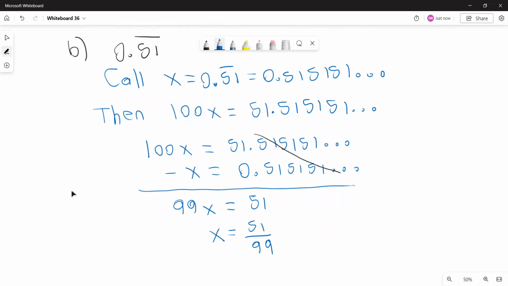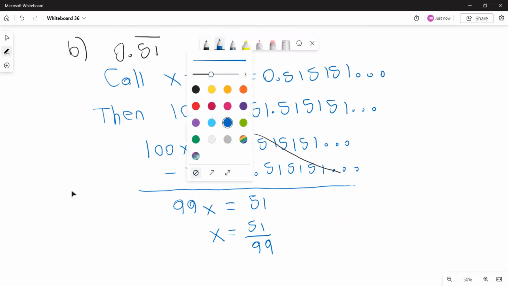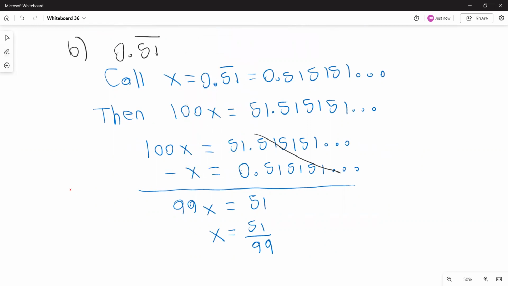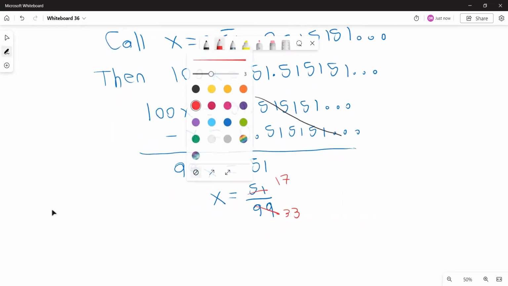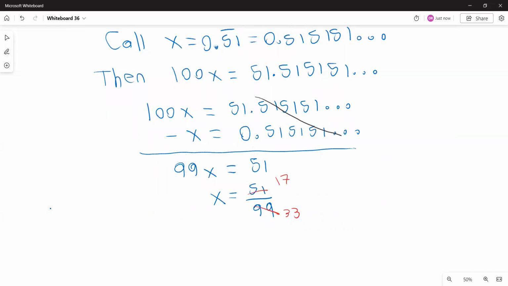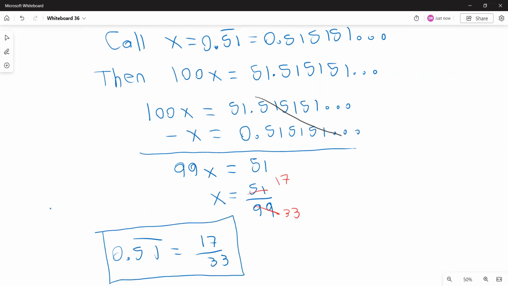We can reduce this fraction because both 51 and 99 are divisible by 3. 51 over 3 is 17, and 99 over 3 is 33. So at the end, 0.51 repeating equals 17 over 33. So that's the rational number as a quotient of integers.